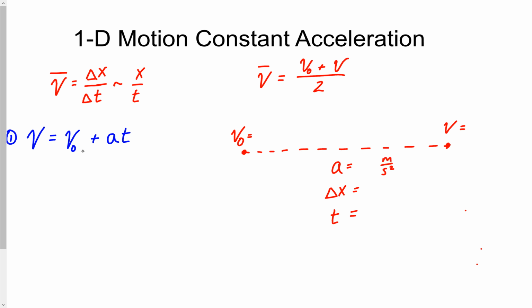It's a play off the definition of acceleration. Acceleration is nothing but a change in velocity over a change in time. If we solve this out for velocity final minus velocity initial, it turns into this equation.